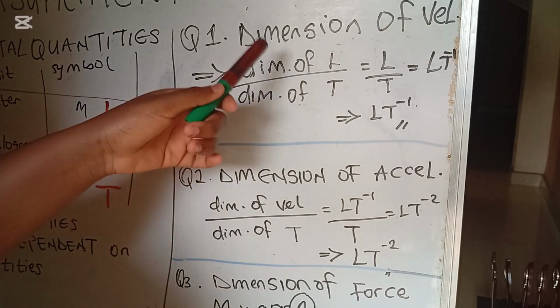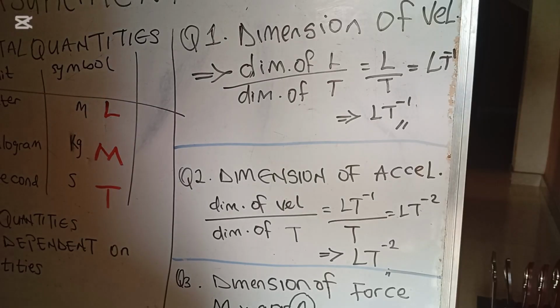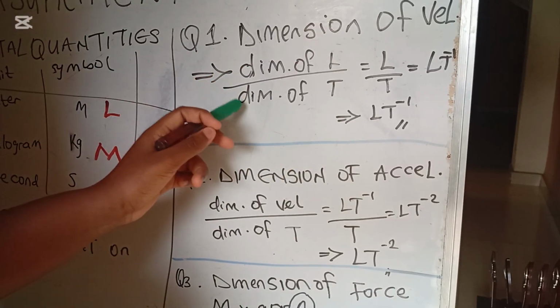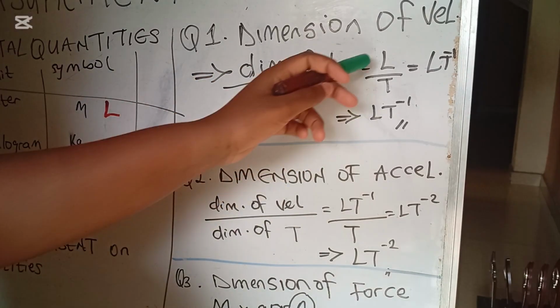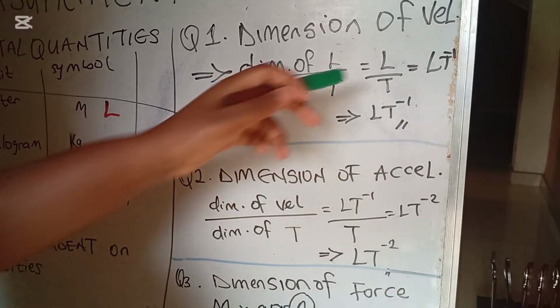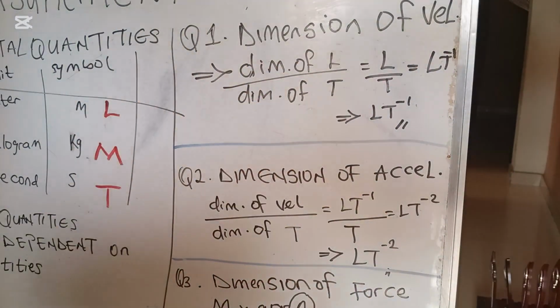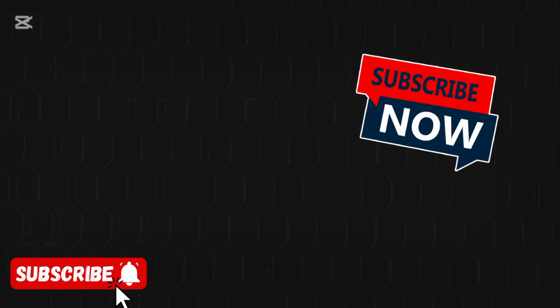Like I said, dimension only deals with length, mass, and time, represented by L, M, and T. First of all, think about it: what is the formula for getting velocity? We have length and time, which is dimension of length divided by dimension of time, which is L divided by T. Once you take this T up, it becomes LT raised to the power of -1.